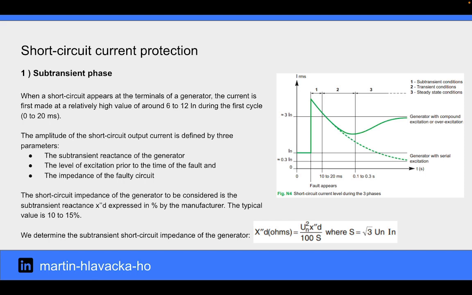The amplitude of the short circuit output current is defined by three parameters: the subtransient reactance of the generator, the level of excitation before the time of the fault, and the impedance of the faulty circuit. The short circuit impedance of the generator to be considered is the subtransient reactance expressed in percentage by the manufacturer. The typical value is 10 to 15%.